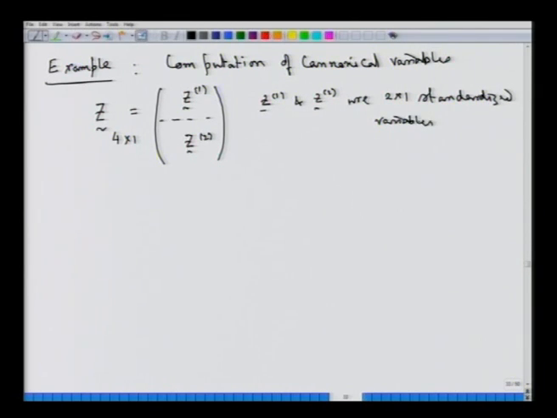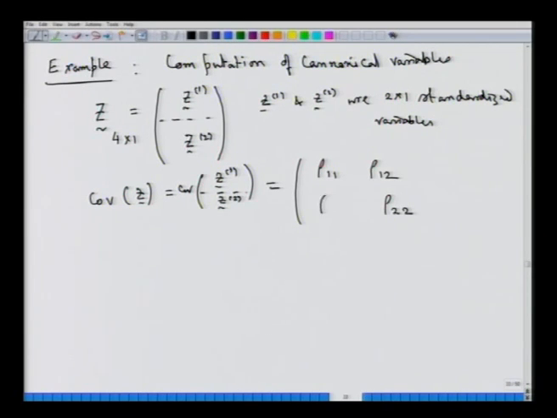So, we have this starting point, the covariance matrix of z vector, which is the covariance matrix of the Z1 component and Z2 component in that partition form. Since these are standardized variables, in our earlier notation we write this as rho 1 1, rho 2 2, rho 1 2, and the transpose as rho 2 1.